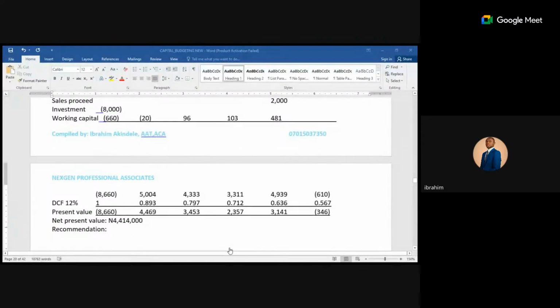Yes, from the above analysis, the proposed investment project will give a positive NPV of 4,414,000, indicating that the project will maximize shareholders' wealth. Therefore, the project should be accepted. Class, are we good?